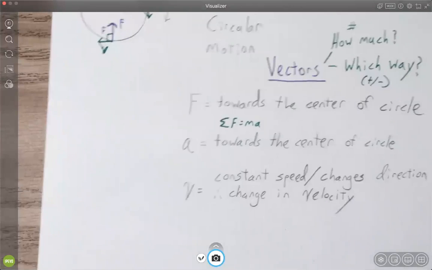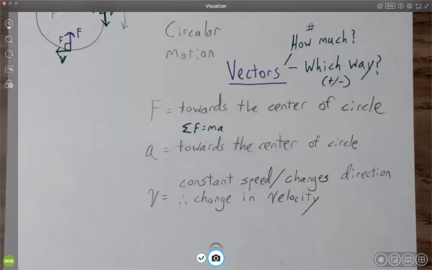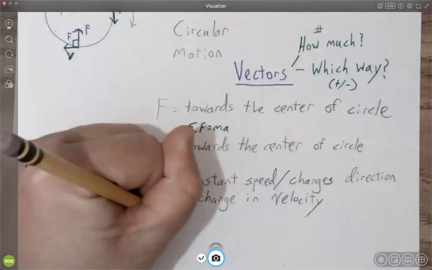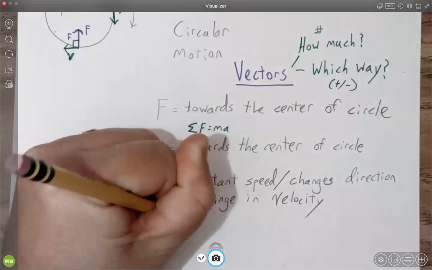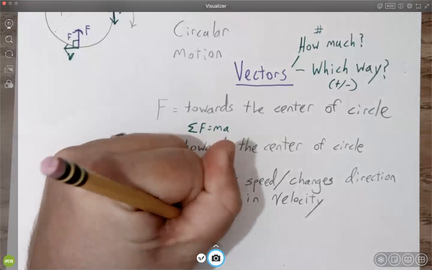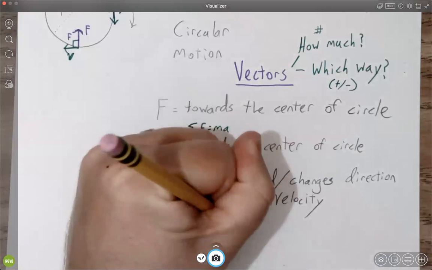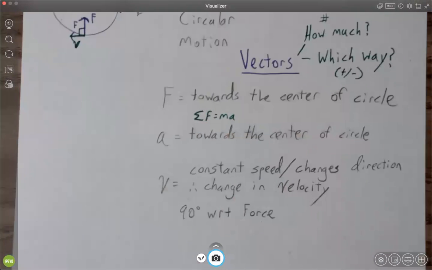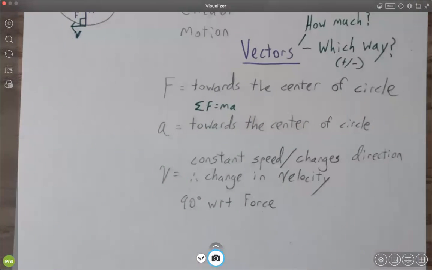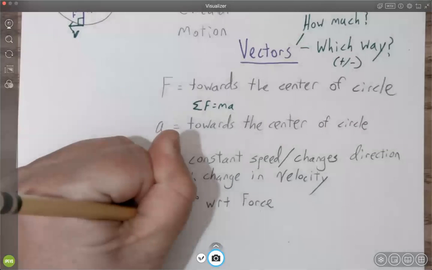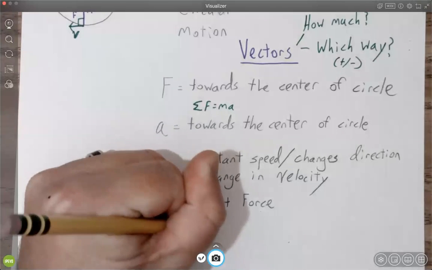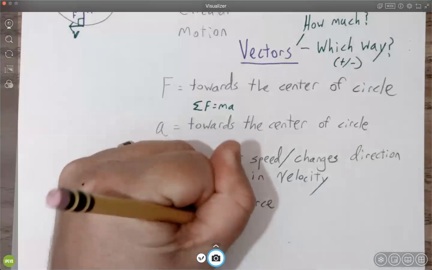But this velocity has a change in direction, hence a change in the velocity. We're also going to see that it's forming a 90-degree angle with respect to the force. The velocity is also tangential to the circular path.